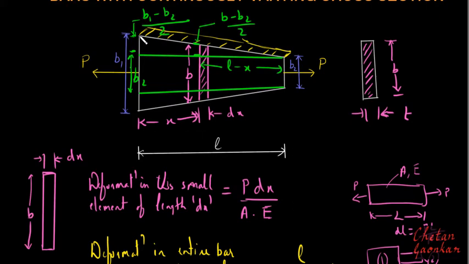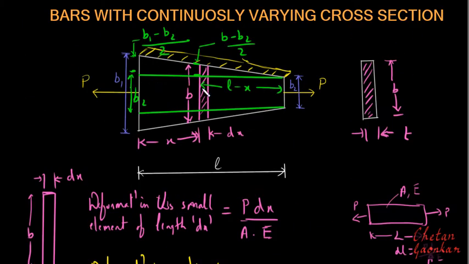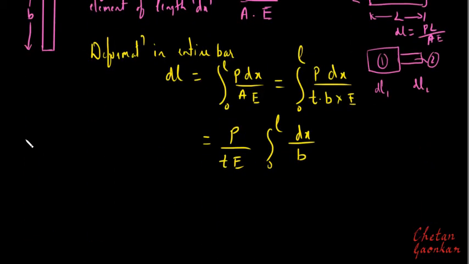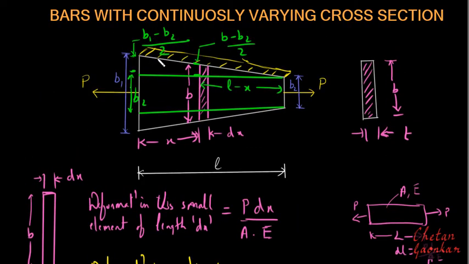Now I can draw this triangle separately. Basically, we are trying to establish the relation between b and x, to see how b will vary with respect to x. For that I will draw this triangle here again. So this is our triangle, and this height, we found, was (b1 minus b2) by 2.